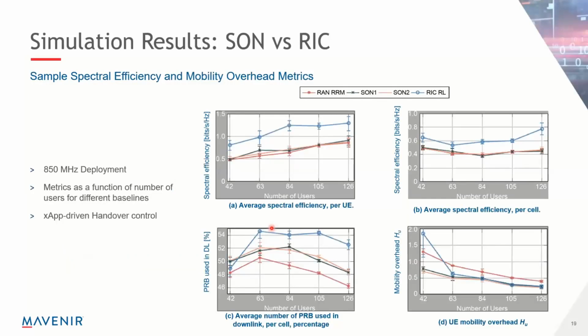And again, one other thing that we did, especially together with one of the key universities in the US, is that we try to compare the SON versus RIC and see different functionalities. First one is the normal radio resource management.